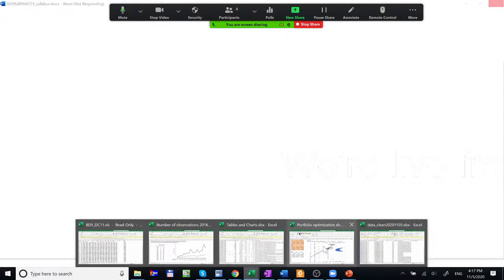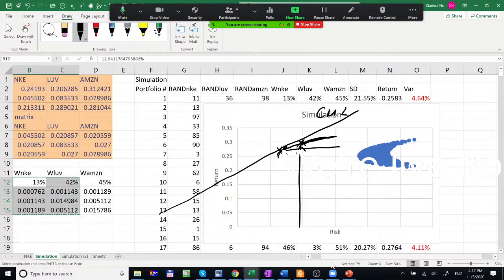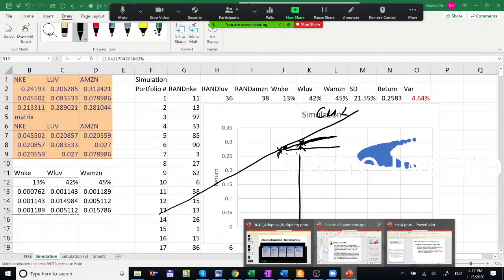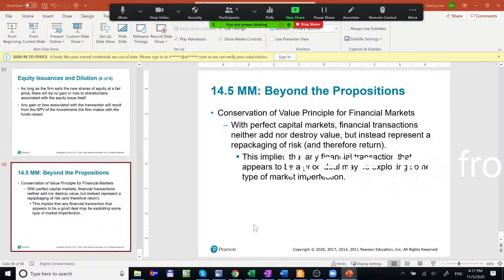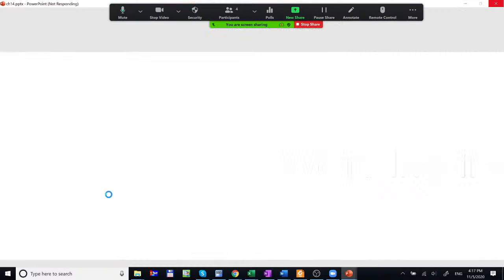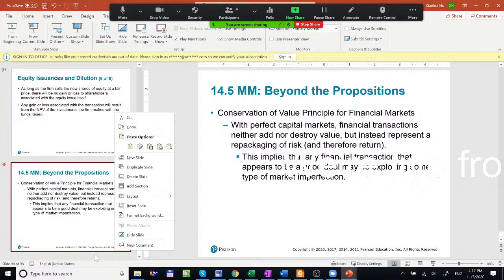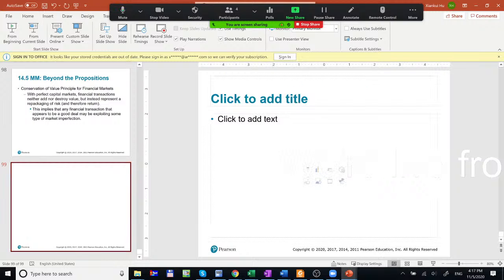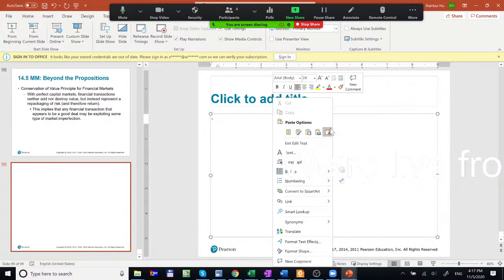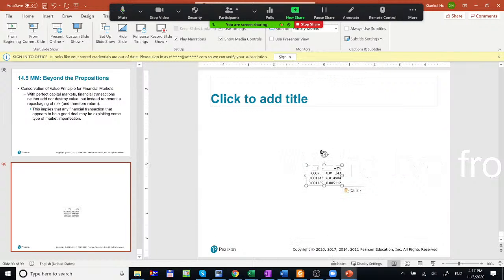But anyway, you could paste on PowerPoint, right? So hopefully this has not crashed. Right click. I crashed this too. Okay, insert new slide. Okay, you just paste as a picture, right?